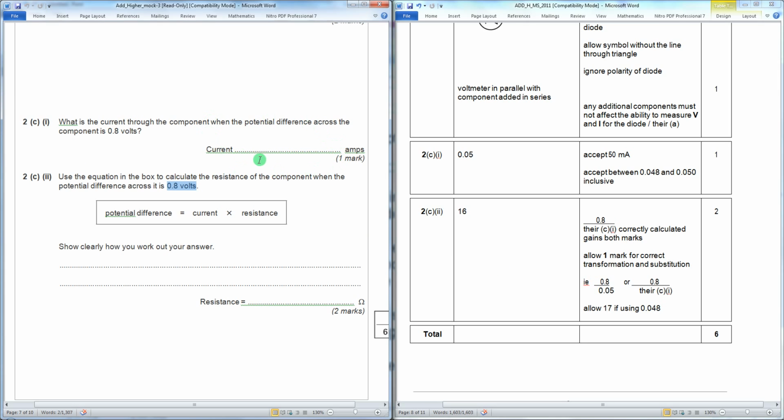Again, no matter what you've put up here, if you correctly put it into here, you get a mark. So 1 mark for correct transformation and substitution. That means you get 1 mark for sticking this number in and rearranging the equation. You get both marks if you get it absolutely right, which is 16 ohms. And that's it.